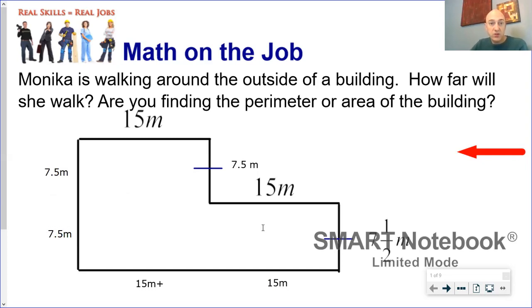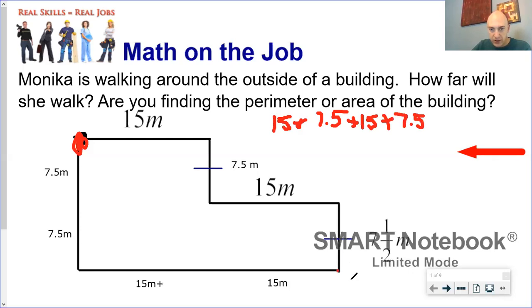So when Monica's walking around the building, let's say she starts right here. I'll do that in red. She's going to walk 15 meters, plus another 7.5 meters, plus another 15, plus another 7.5. And you have to forgive my drawing, I'm using a mouse instead of some sort of pen tool.